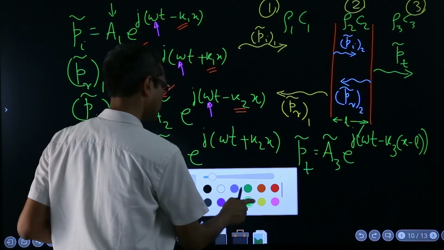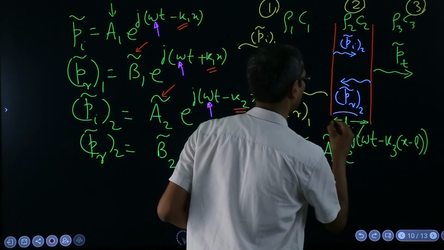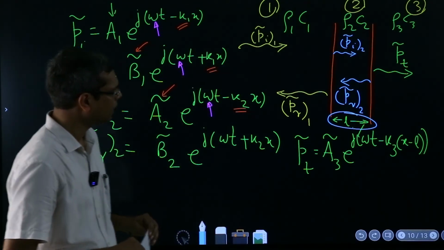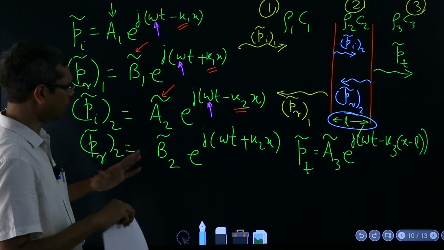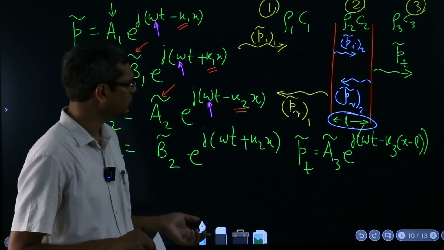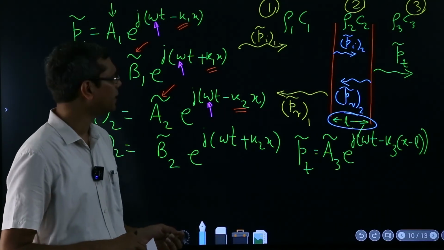Okay, so this is very important. Okay, so these are the 5 pressure waves which you need to use to solve further, and we will stop here for this segment.